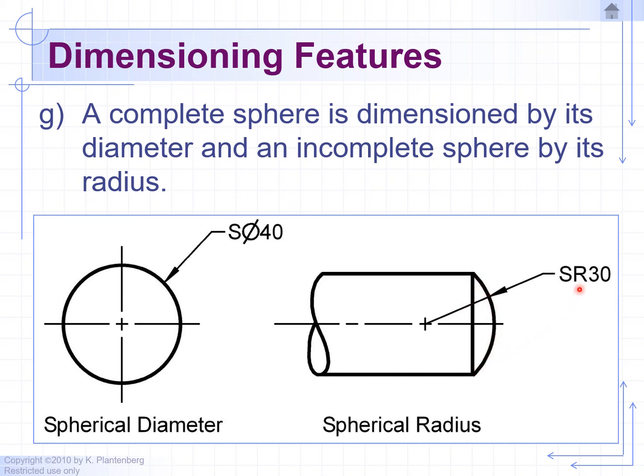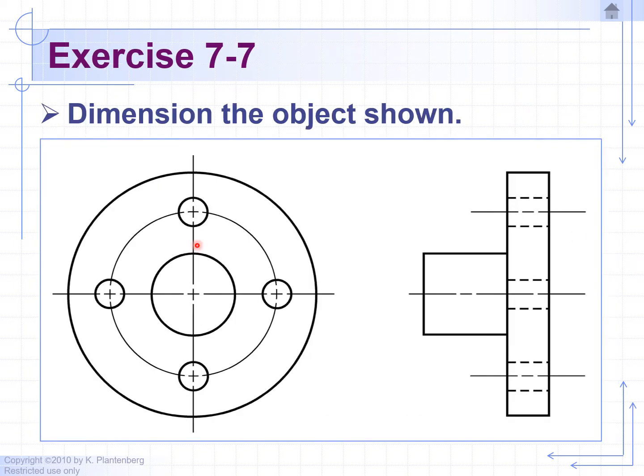Then we don't use diameter, we use spherical radius. That's the difference. When you're dealing with a complete sphere or something close to a complete sphere like a trailer hitch ball, you use spherical diameter. When you're dealing with a partial sphere, you use spherical radius. Next slide.